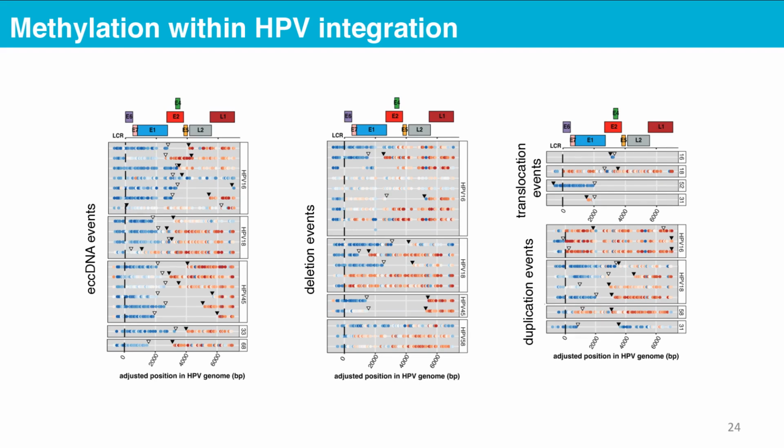But there probably is some sort of position effect variegation going on where the human region around it is affecting the methylation of the HPV genome. Whereas the eccDNA events, you wouldn't have that effect because it's outside the chromosome. So that's kind of my prediction.